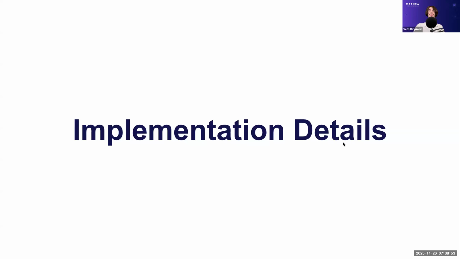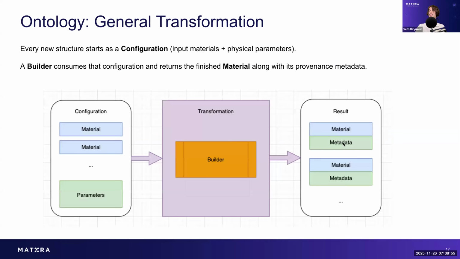Let's look over the implementation details for our approach. Let's say we want to create some structure. We split the approach into 3 categories, where you configure a target material, then you transform it, and as a result, you get material with metadata.